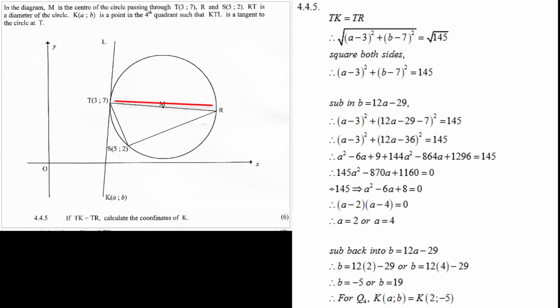From 4.4.1, we have that the length of TR is equal to the square root of 145, and the length of TK is equal to the square root of a minus 3 squared plus b minus 7 squared. Square both sides, we get a minus 3 squared plus b minus 7 squared equals 145. Now the algebra gets very laborious, so check it carefully.